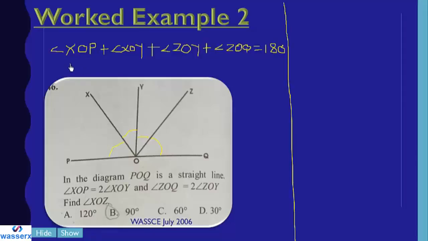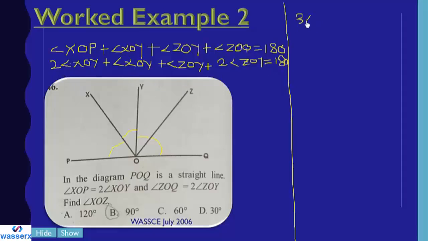Now we have to do some substitutions over here. We know angle XOP is equal to 2 angle XOY. So wherever we see XOP, we put 2 XOY. Then we'll do the same thing for this also. So we have plus angle XOY plus another angle ZOY. Then we do the substitution. So we get plus 2 times angle ZOY equal 180 degrees.